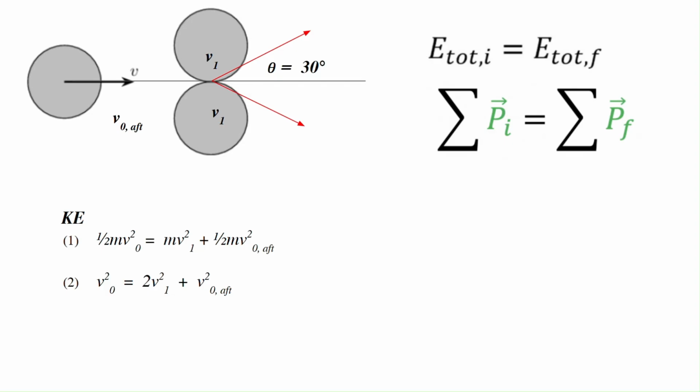Doing some algebra, we can see that v0 squared is going to be equal to this value, and we can cancel out the masses. It's no longer 1 half mv1 squared because we add both of the disks' velocity.